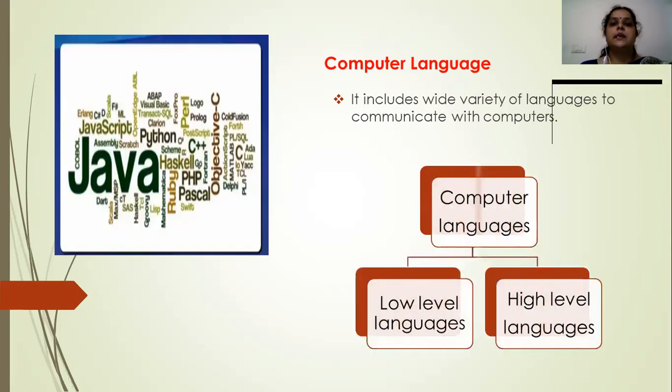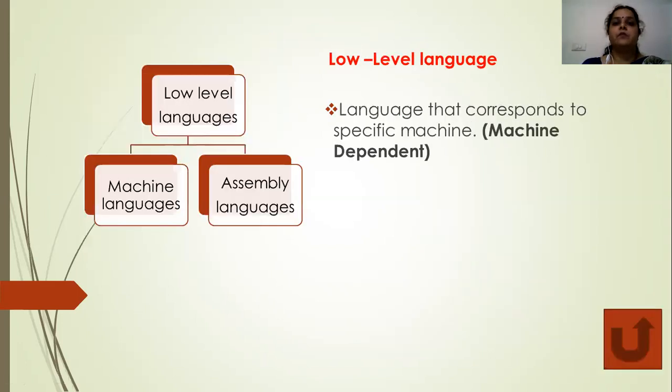Now these computer languages are classified into two types: low level language and high level language. So now we will study about them. What is a low level language? A language which is specific to the machine, means it is totally dependent on the machine.